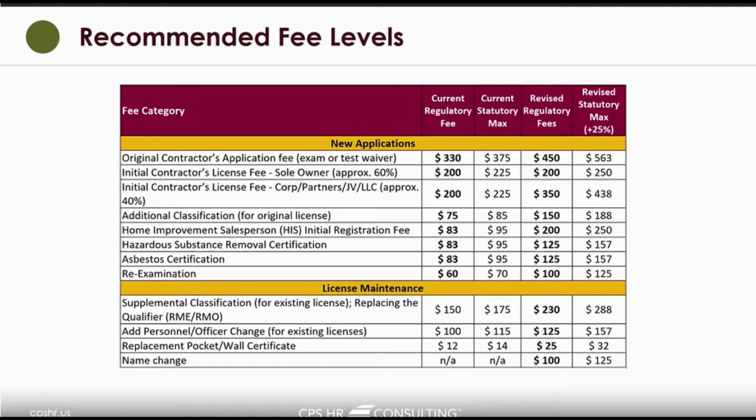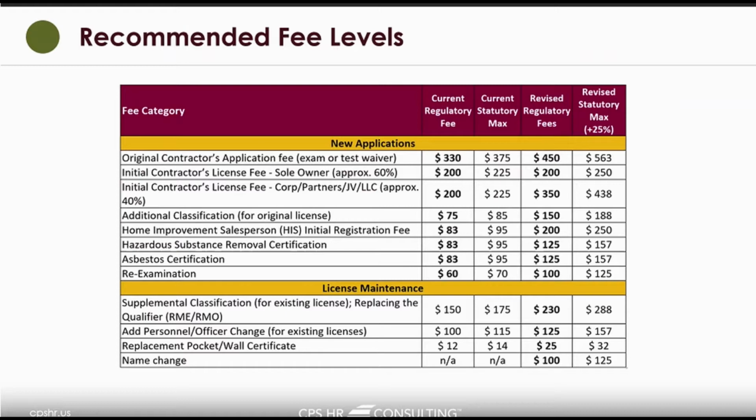A couple things I'll note here, and you'll see this theme basically on the renewals too, is that for the most part, we've kept the initial contractors related fees the same while increasing the non-sole owner fees. So if you take a look at the second row there, initial contractor's license fee for the sole owner, current regulatory fee reads 200, revised regulatory fee reads 200.